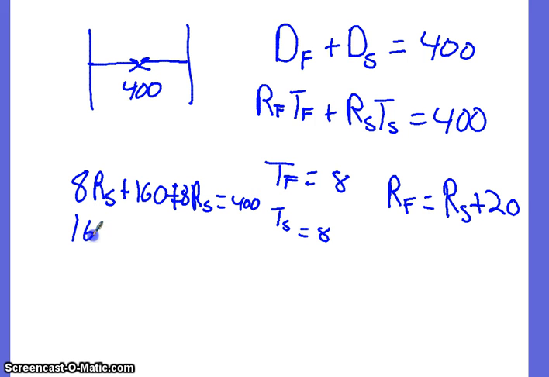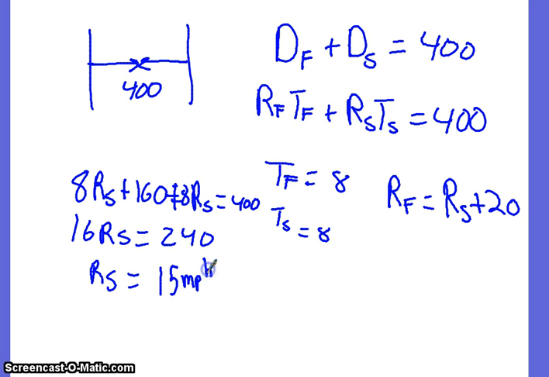So 16RS equals 240. RS equals? What's 240 divided by 16? 15 miles per hour. That means the faster one is 35 miles per hour.